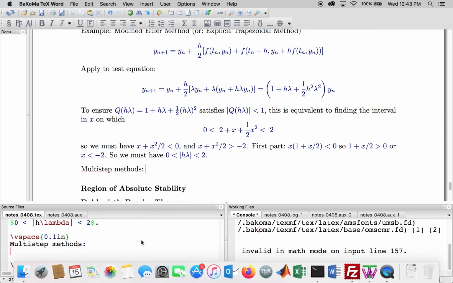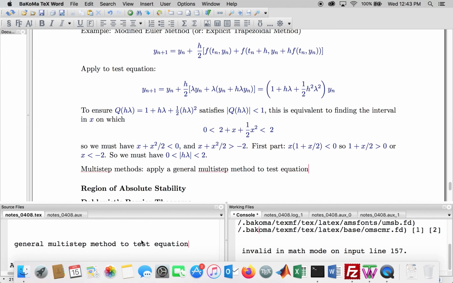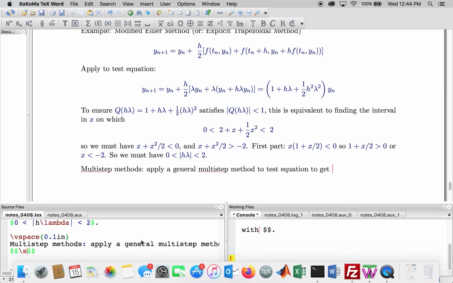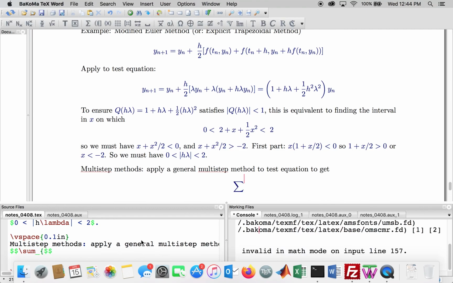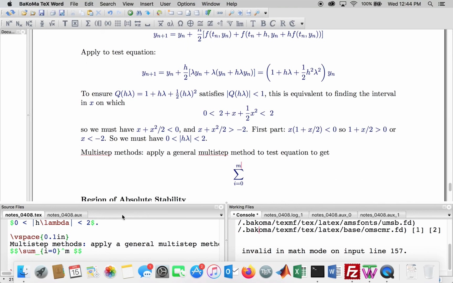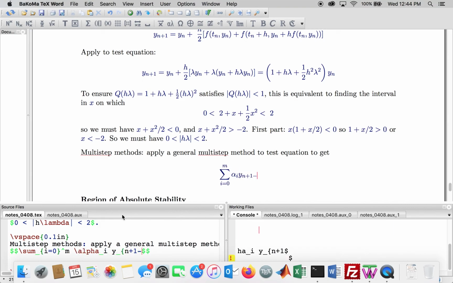we have the following. If we apply a general multi-step method equation, then we have the following. We have the sum, i goes from 0 to m, of alpha i y_{n+1-i}.